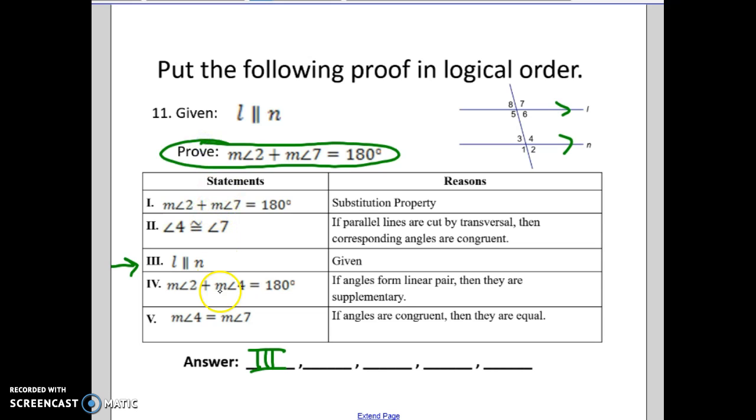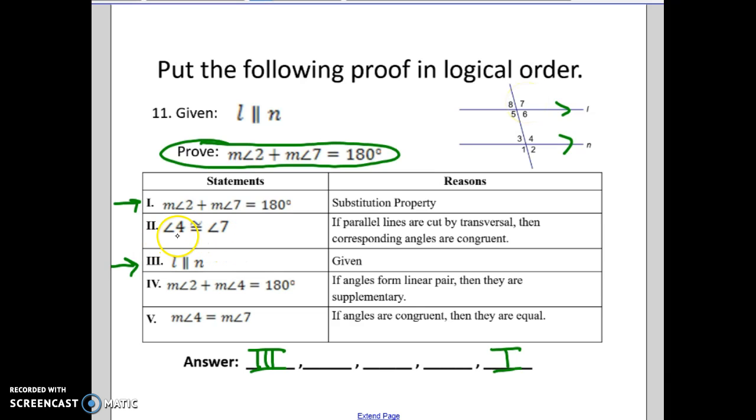So if I look through here and try to find that, that's step 1. So that is going to be my last step. So now I need to go through these other steps. Well, let's see. I want to say that they're congruent. So I'm trying to get the 2 and 7 add up to be 180. So 2 and 7 add up to be 180.